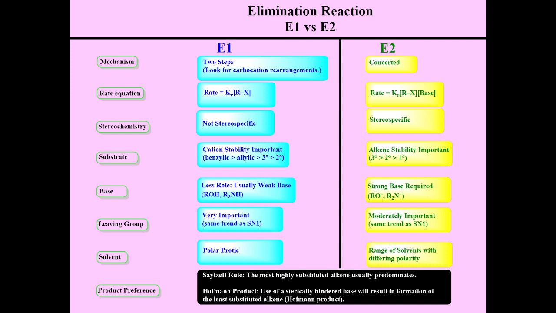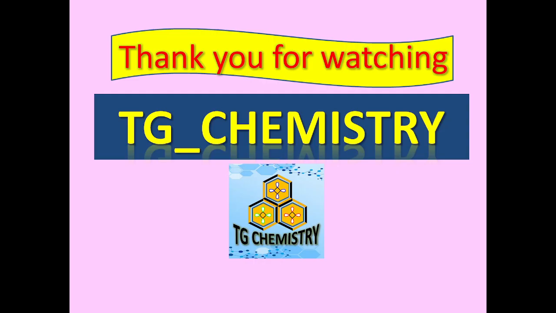If the product is the least substituted alkene, then it will be called the Hofmann product. So these are the comparisons between E1 and E2 reactions, and I hope you have understood, or you will be able to compare SN1, SN2 and E1 and E2 in a much better way after watching the video.